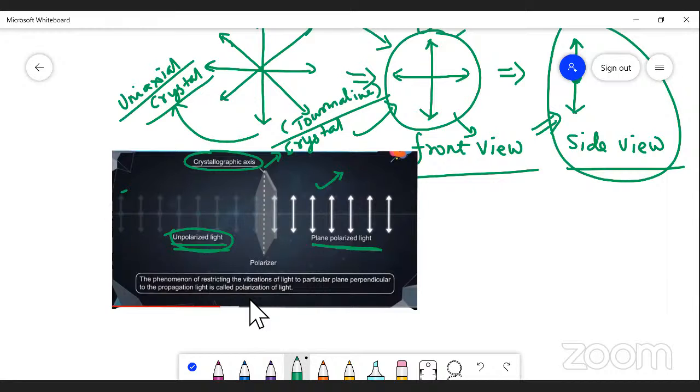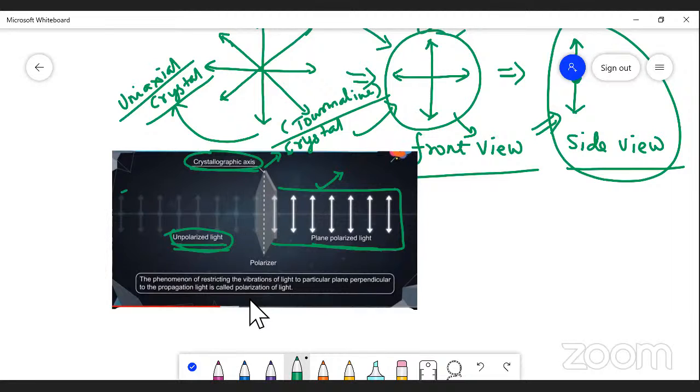Plane polarized light can be obtained from unpolarized light when it is passed through a crystal. When the unpolarized light is passed through the crystal, only the vibrations parallel to the optic axis or crystallographic axis of the crystal come out, but the remaining vibrations are completely restricted by the crystal.